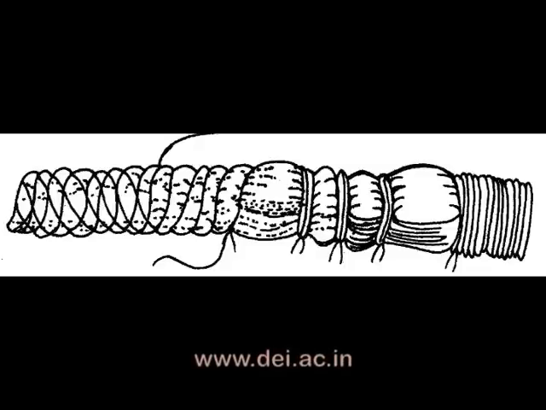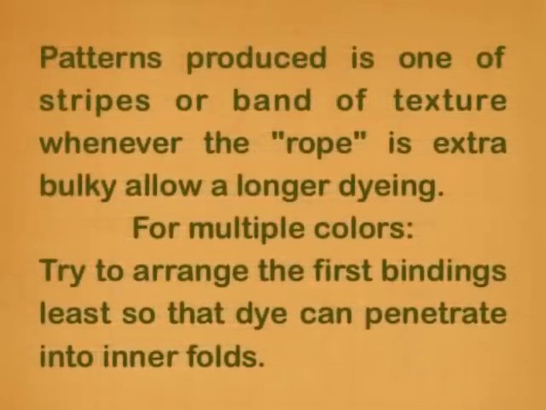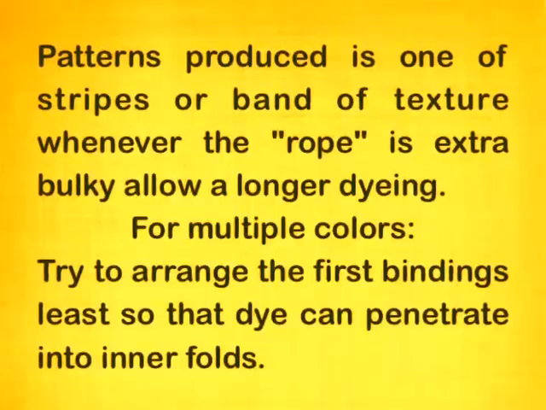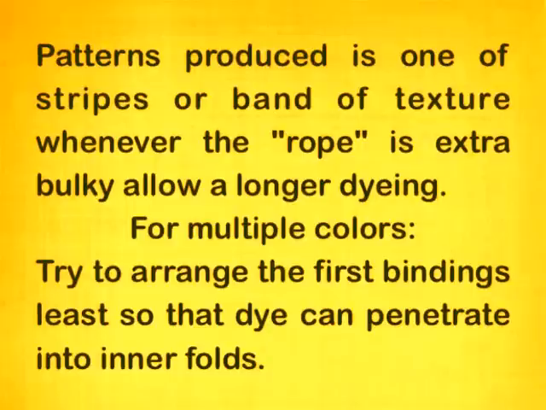Where the cloth is fine, a wider piece can be treated successfully by this method. The pattern produced is one of stripes or bands of texture. Whenever the rope is extra bulky, allow a larger dyeing tin.